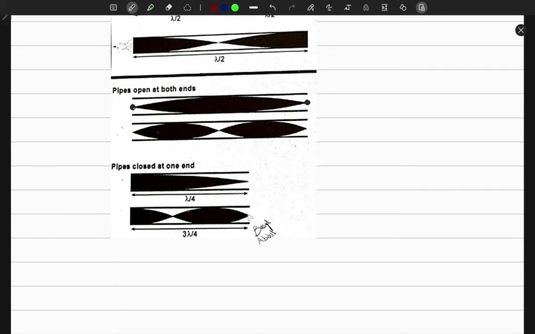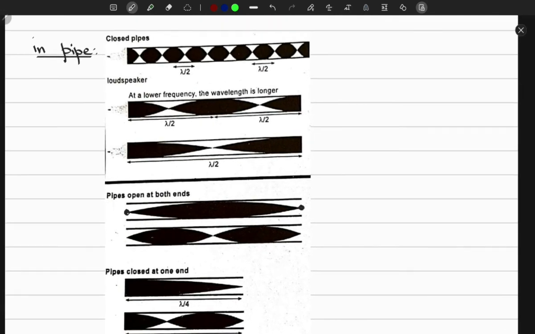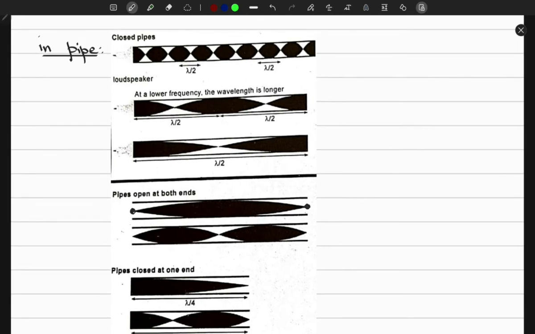So now let's discuss the same thing again in terms of the frequencies, the length, and the different harmonics for these.